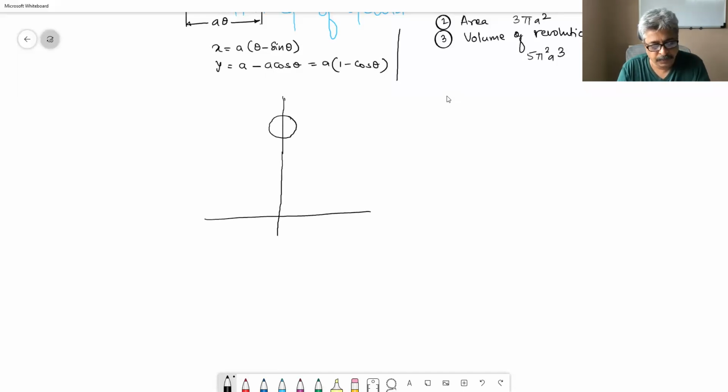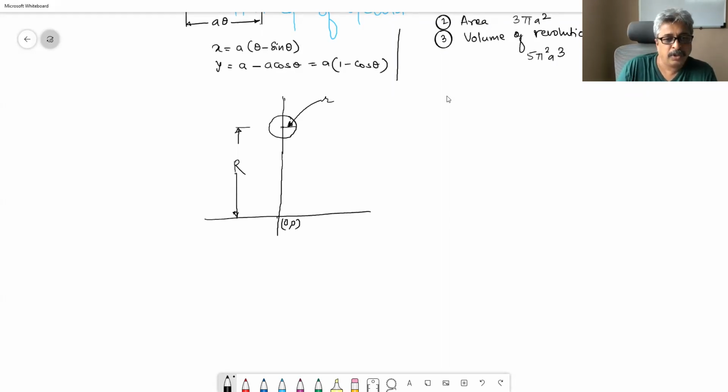Okay, so radius of this circle is smaller. And this point, center of the circle, is capital R distance away from origin. This is origin.